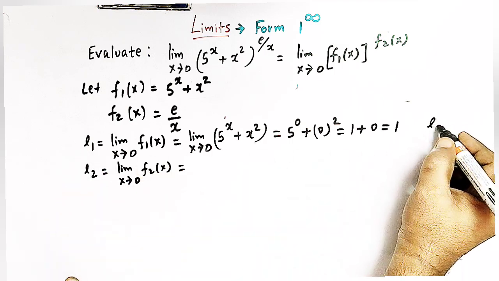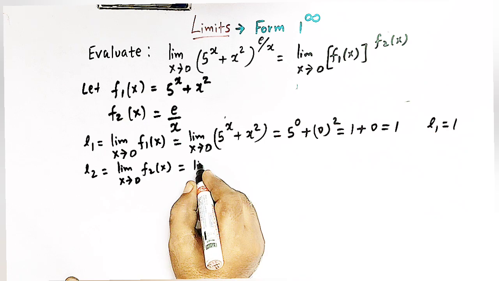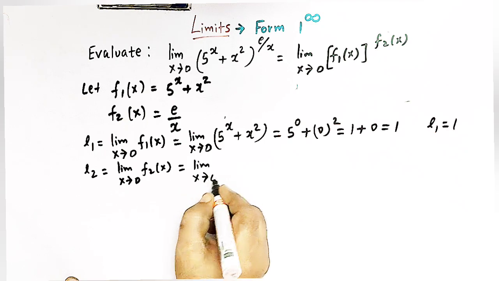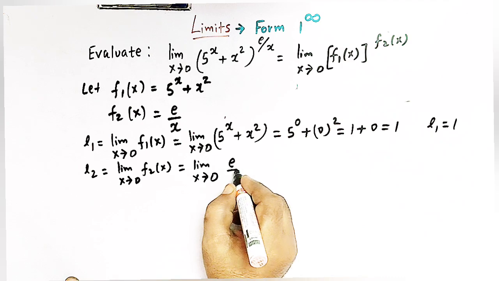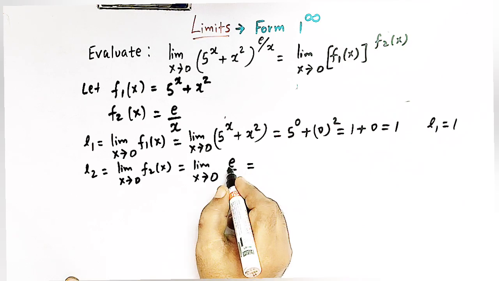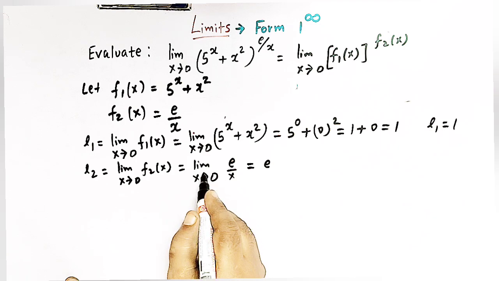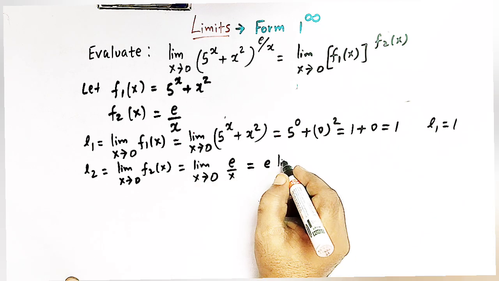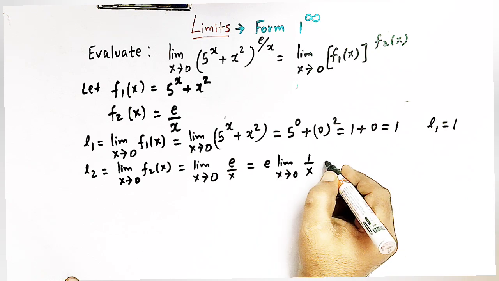So L1 is equal to 1, and now L2 is given by limit x tends to 0 of f2(x), which is e over x. Now e is a constant, so we can take it outside the limit notation. We have e times limit x tends to 0 of 1 over x.